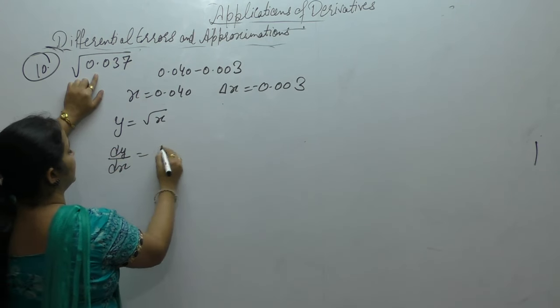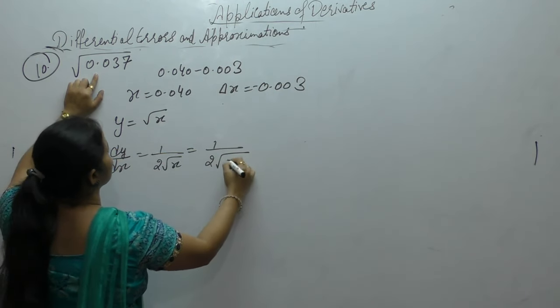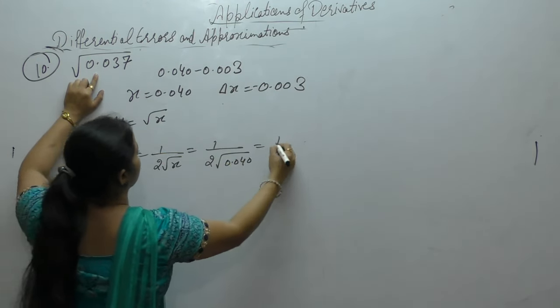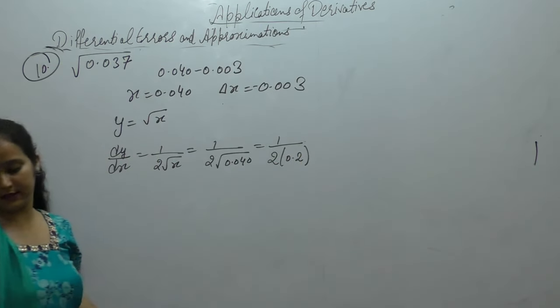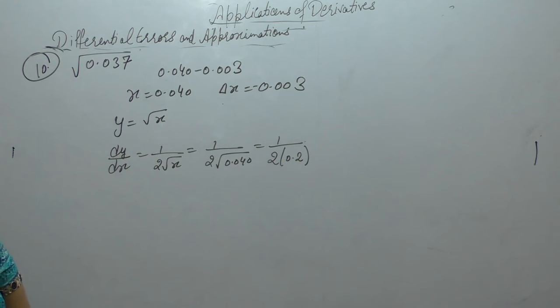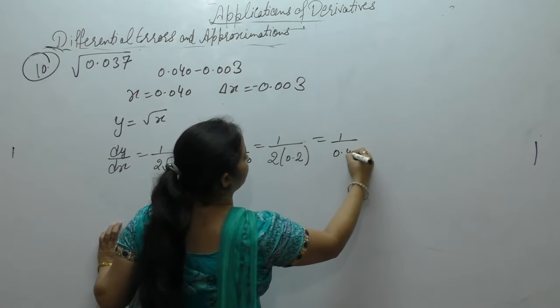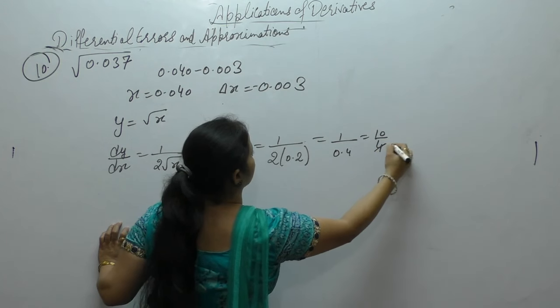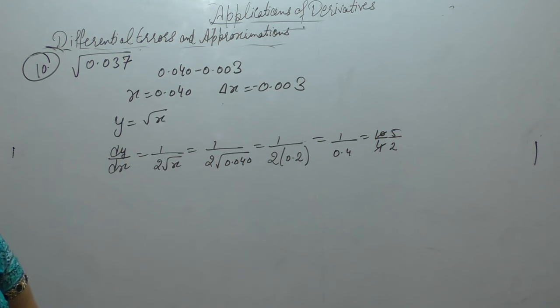Differentiate: 1 upon 2 square root of x. When x is 0.040, the square root of this is 0.2. Clear? Now we get 1 upon 0.4, that is 10 by 4, or we can say 5 by 2.